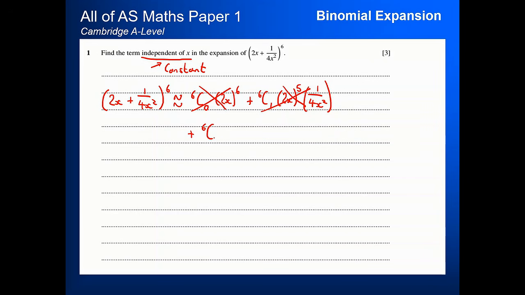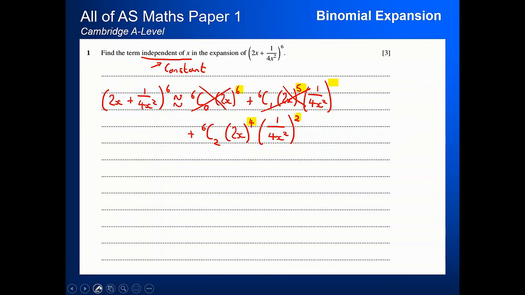So we get 6C2, then we get (2x)^4 multiplied by (1/(4x^2))^2. Remember these indices, so let's get that trusty highlighter out here. The 4 and the 2 has to add up to 6 here. 6 plus 0 is 6, and then 5 plus, well, there should be a 1 there.